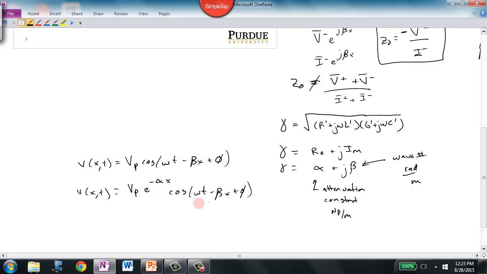And that's the attenuation constant, and that's the wave number for either a lossless or lossy transmission line. So we can extract some really useful information about the voltage waveform from the distributed parameters R prime, L prime, G prime, and C prime.